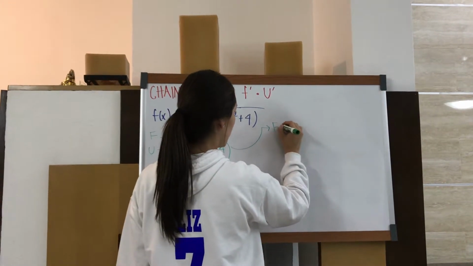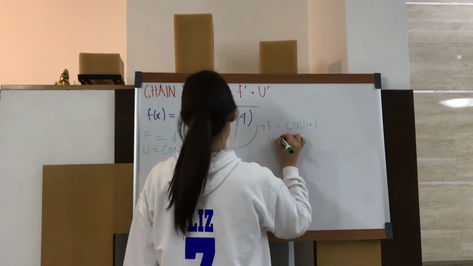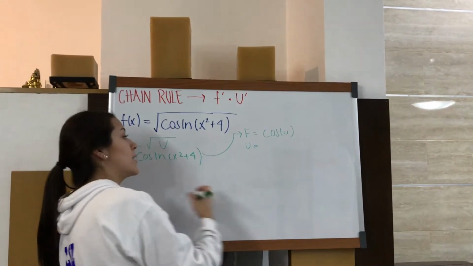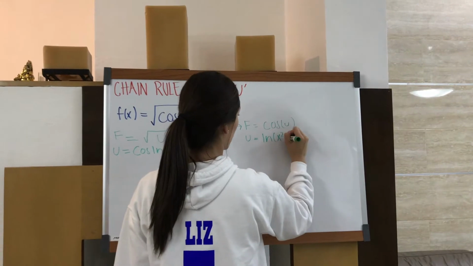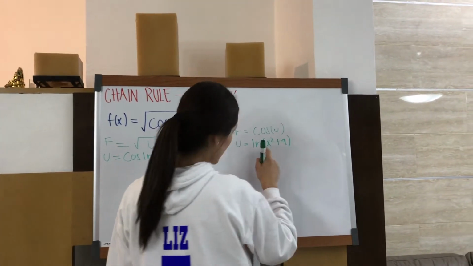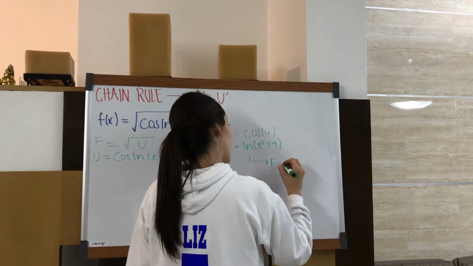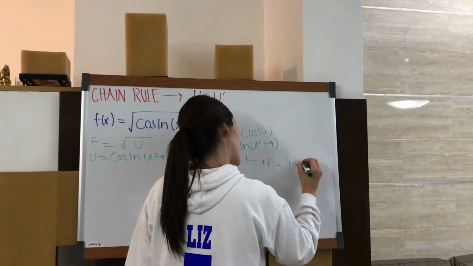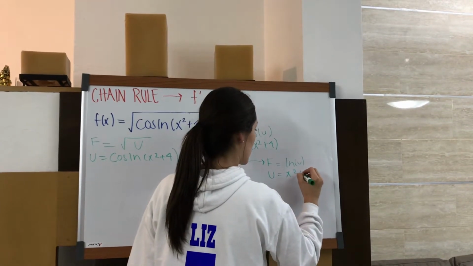It's going to be f is cos u, and u will be ln(x squared plus 4). And for this one you have to make another chain rule in which f will be ln u, and u will be x squared plus 4.